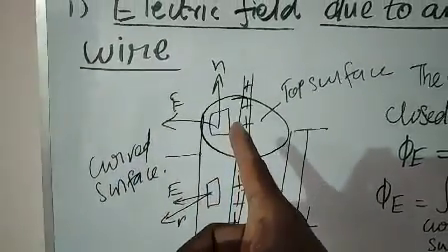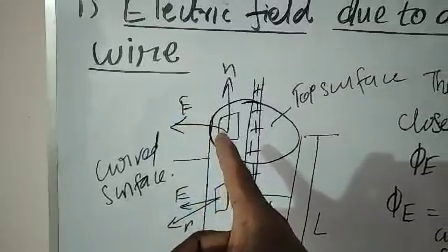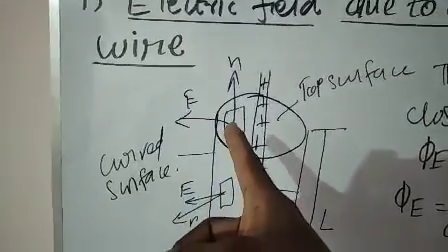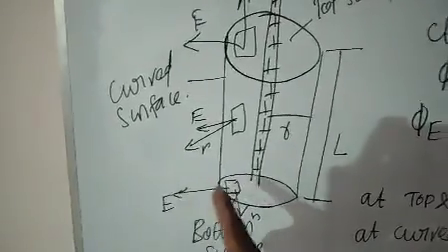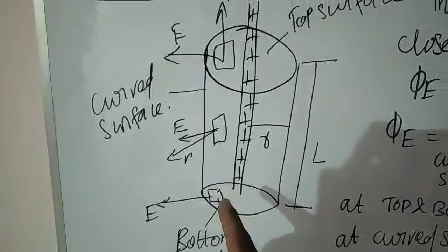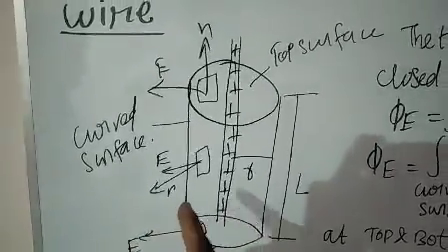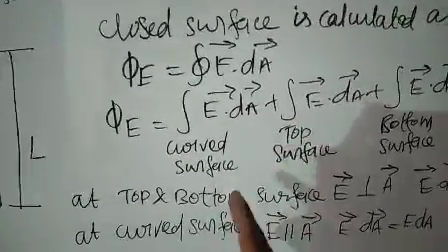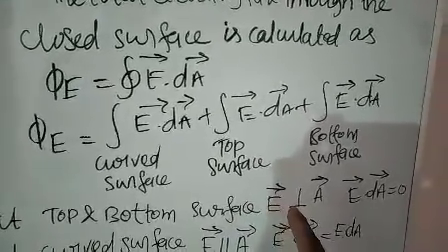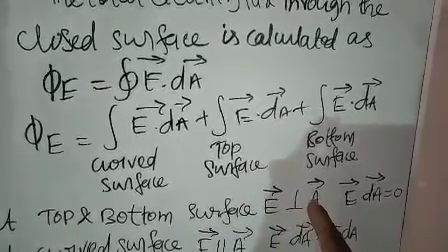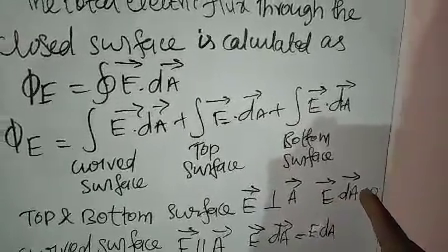At the top surface, the electric field E is radially outward, perpendicular to the area. At the bottom surface also, the electric field is radially outward and perpendicular to the area. So at the top and bottom surfaces, the E vector is perpendicular to the area A, so E vector dot dA vector equals 0.